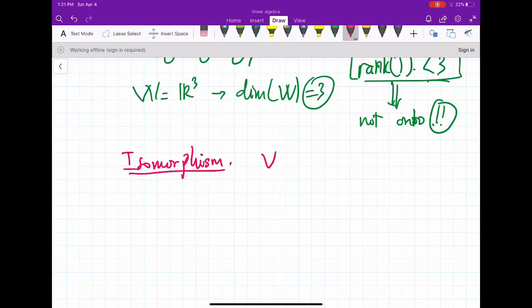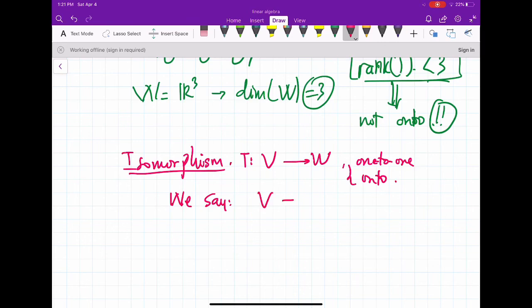If you have two vector spaces V and W, and you have some map T from V to W, and this map is one-to-one and onto, then in this situation we say V is isomorphic to W. Okay, so this is really important.